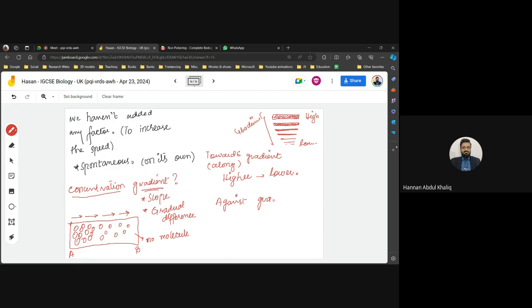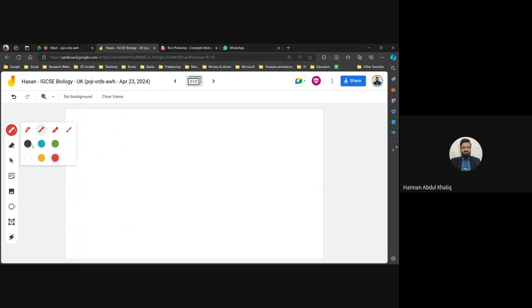Against gradient means lower to higher, meaning opposite to the direction of the gradient. The direction of gradient is always from higher to lower. So when you say along or towards, it is along the pattern of gradient. But when you say against, it means lower to higher. So that is the concept of the gradient.